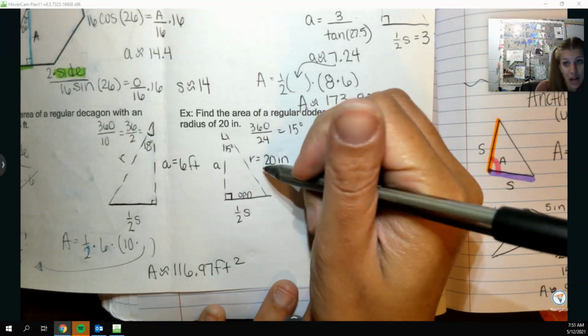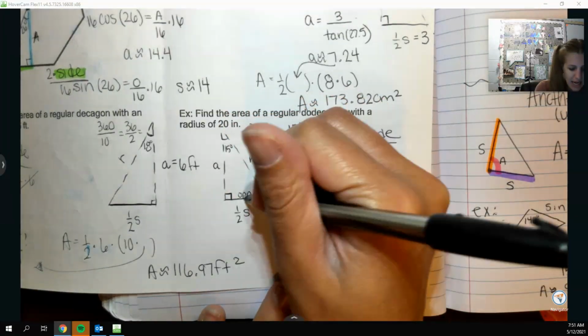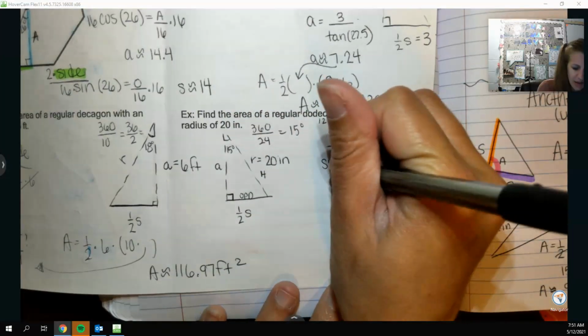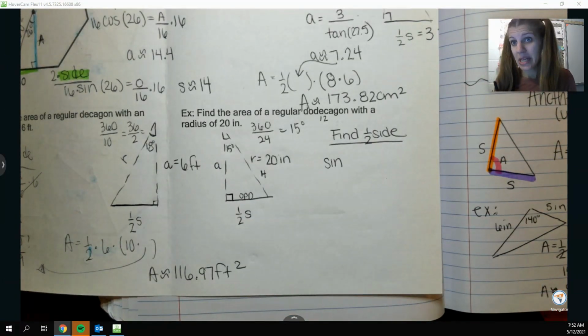And then the side that you know is the radius, aka the hypotenuse. So opposite hypotenuse is sine. And it's kind of cute, like, when you have to find both the side and apothem, to find the side, you always use sine, side, sine.